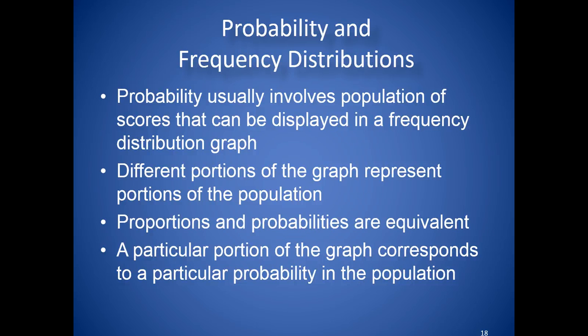Different portions of the graph represent portions of the population. And always remember that proportions and probabilities are equivalent, because these are chances, but with an exact limit.